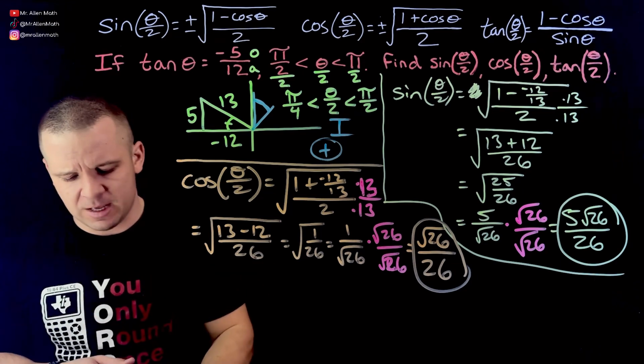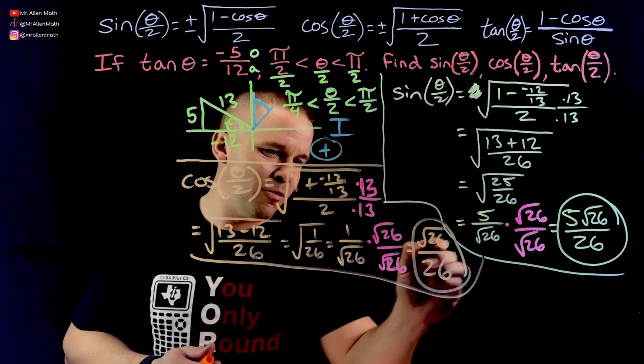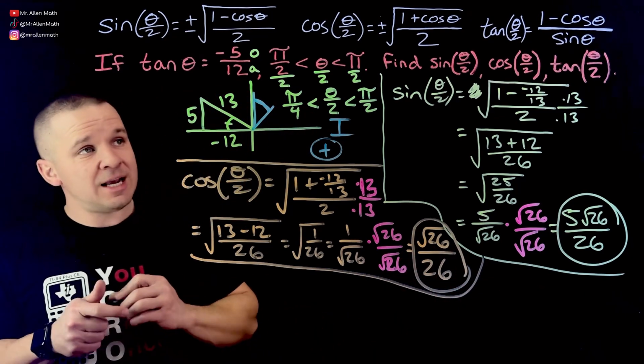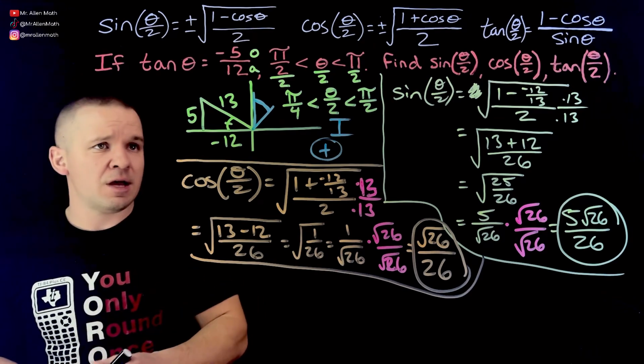Final answer. All right. Last one here. We've got tangent. I think we have enough room to do this all the way along the bottom right here. All right. So tangent is actually a pretty nice one because there's no square root, which is lovely.